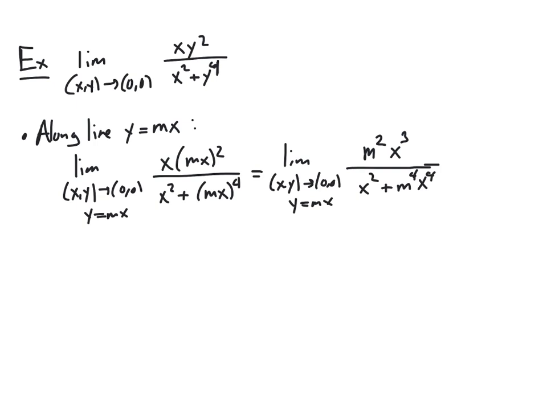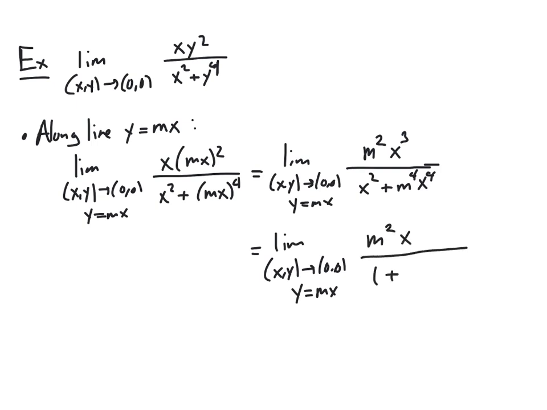Now every term in this function has a factor of x squared, so we can remove a factor of x squared from every term. So we just get the function m squared x divided by 1 plus m to the 4th x squared.